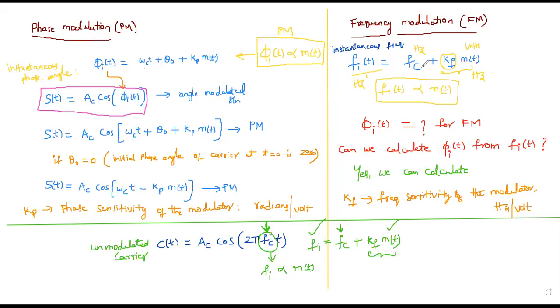Which means the second component here also has to be hertz, so kf into m of t should be in hertz. Already m of t is in volts, and hence I have to have kf as hertz per volt, such that when I multiply kf with m of t, the volt and volt get cancelled, and I get the second part as hertz. Am I clear?